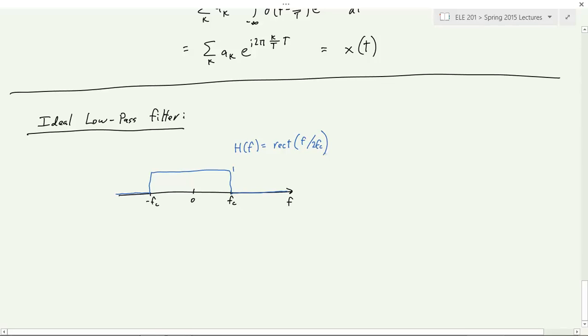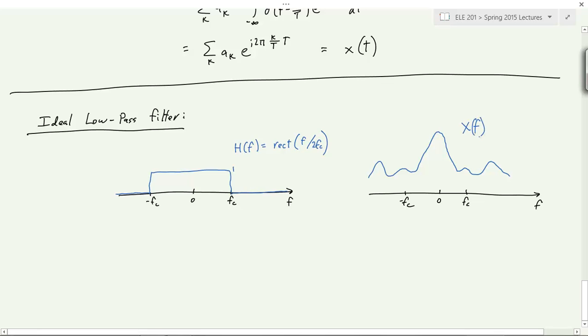The way it will affect a signal: suppose you have an input signal, something like this. That's our X of f.